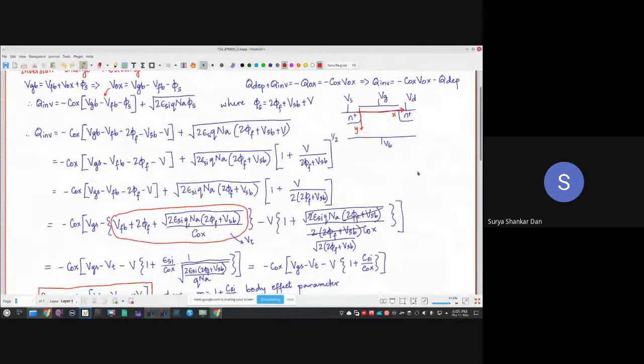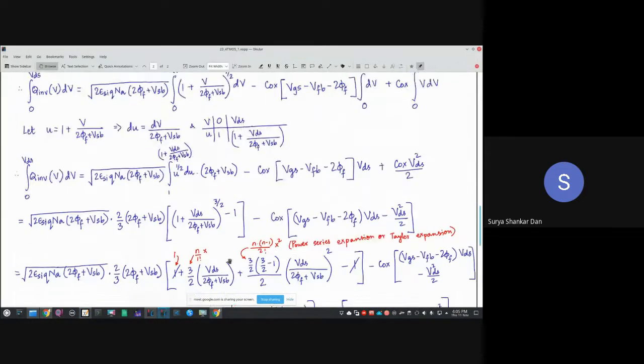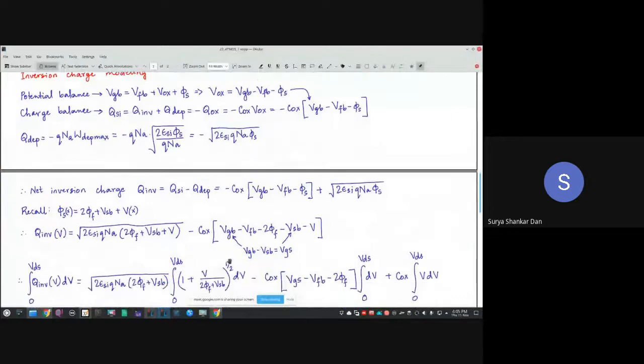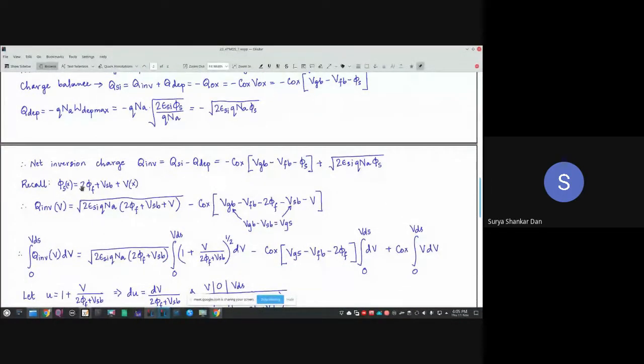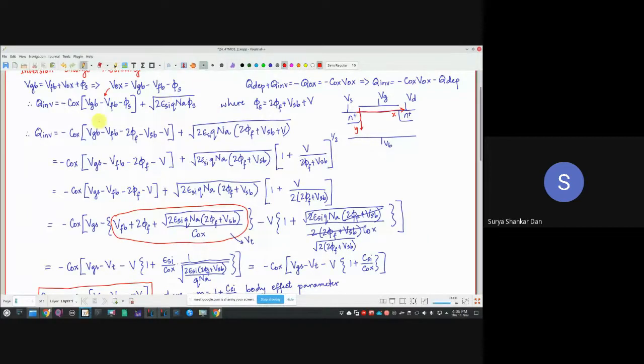Here, if you notice, we are making use of the gradual channel approximation. How? Notice that this was the expression which we had used previously, so that is not something new. Here is the expression of Q inversion.